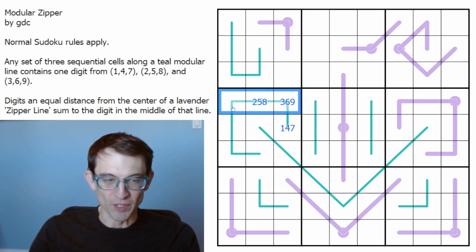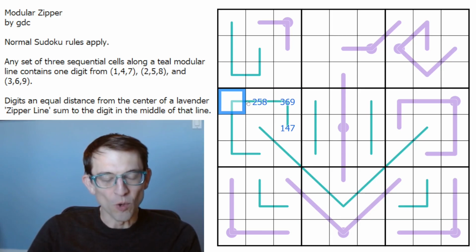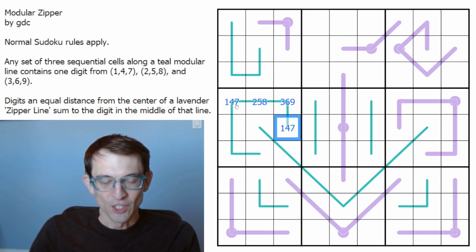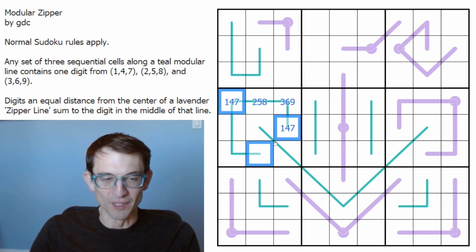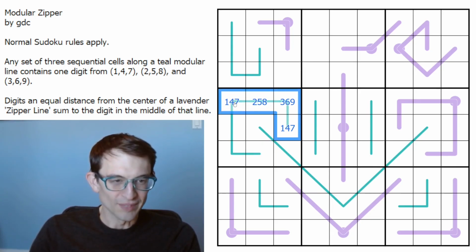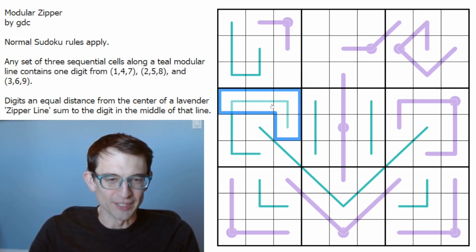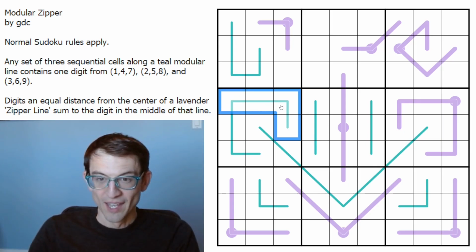Well, this also has to have one each. And what is it missing? Well, it's missing the one it gave up here. And so if you figure out the modular group of one cell on the line, you can propagate it forward. Every 3 digits on the line will be the same. So that'll, I'm guessing, be a neat little trick we'll end up using. So those are the rules.